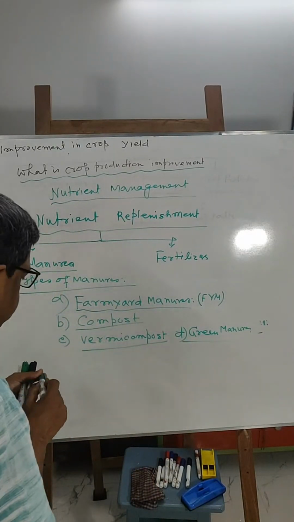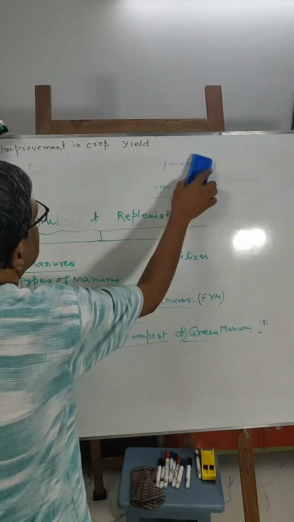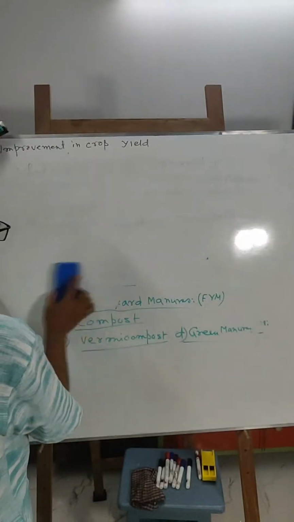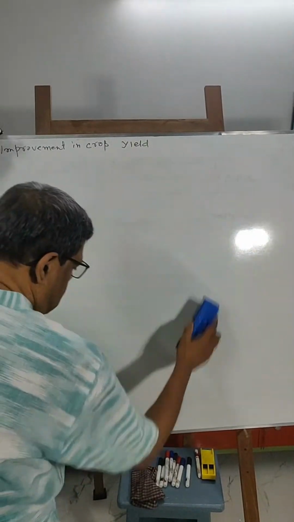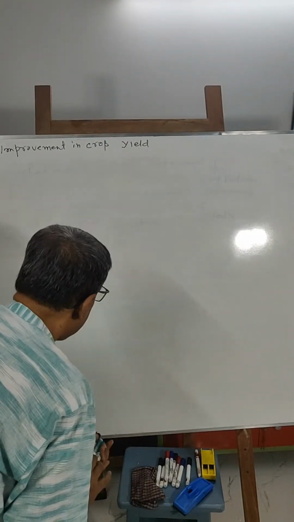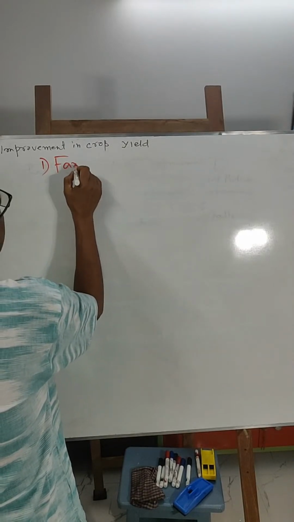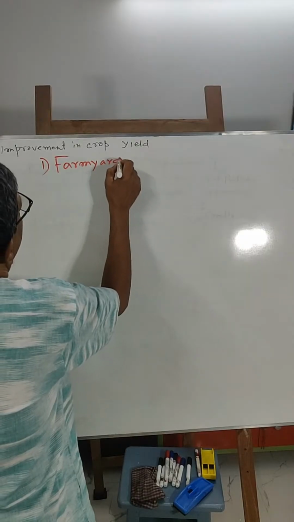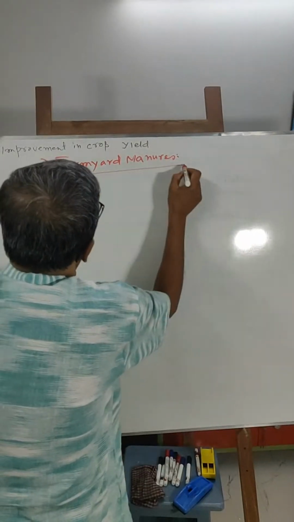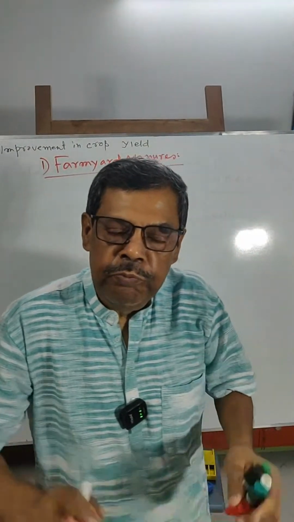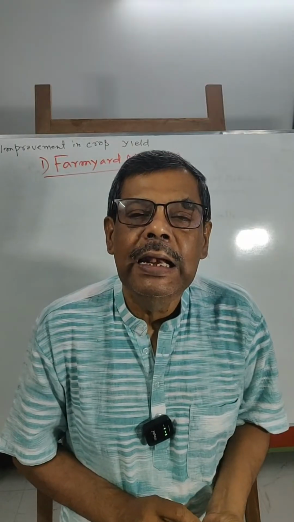Of this, first of all, farmyard manure. What is farmyard manure? It is prepared by the farmers from animal dung.